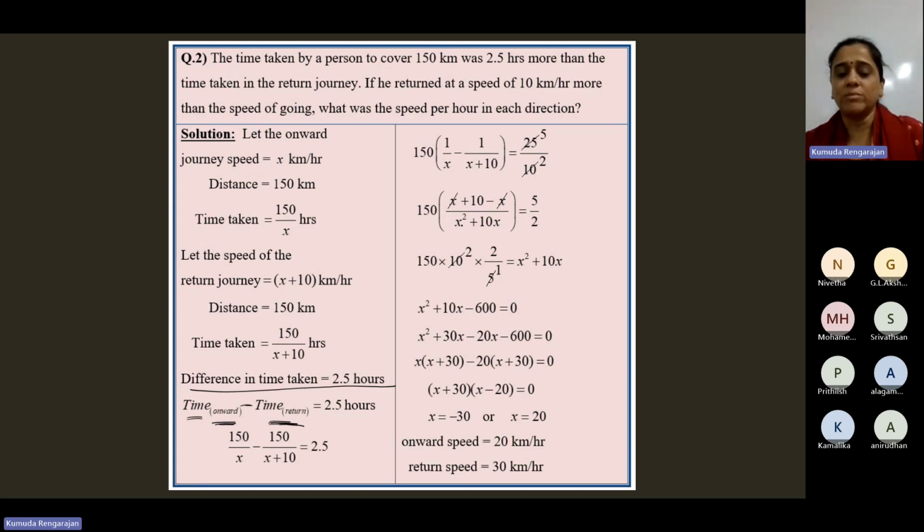Then 150 common, so working is similar to the earlier one. You can complete this. Here I've just split the middle term because the numbers are simpler. One is negative, the other is positive. So let go the negative value, take the positive value. Please work.